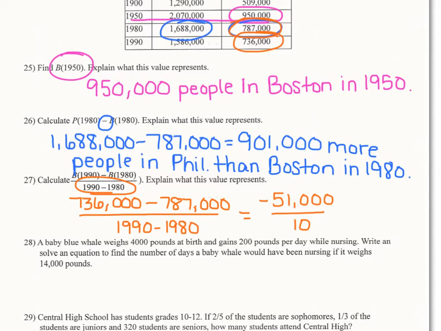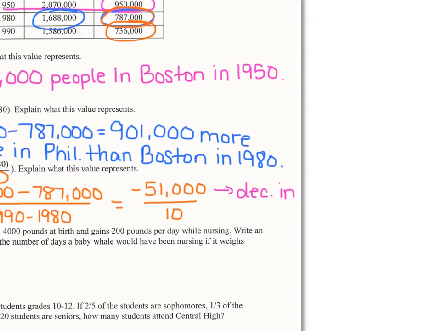Well, that should tell you that the population is going down, that there were fewer people in 1990 than there were in 1980. So this negative 51,000 means that there was a decrease in population. Move this over some. And this 10 represents the number of years.